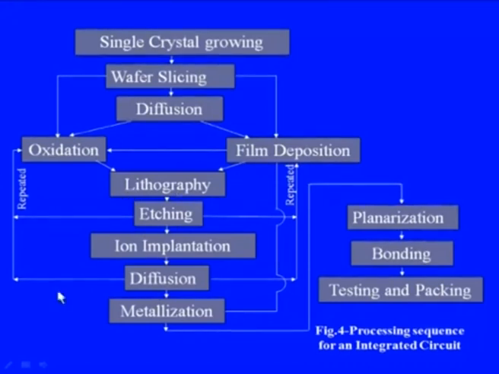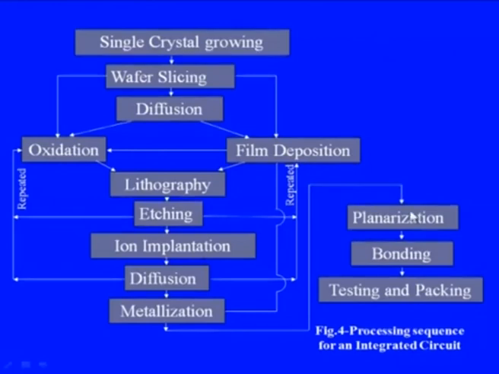Sometimes one or two in this sequence may be redundant depending on the functionality of the IC, what different functions it will perform while in use. Depending on that, we may have less or more components embedded in it, and therefore fewer or more processes may be required in this process sequence.